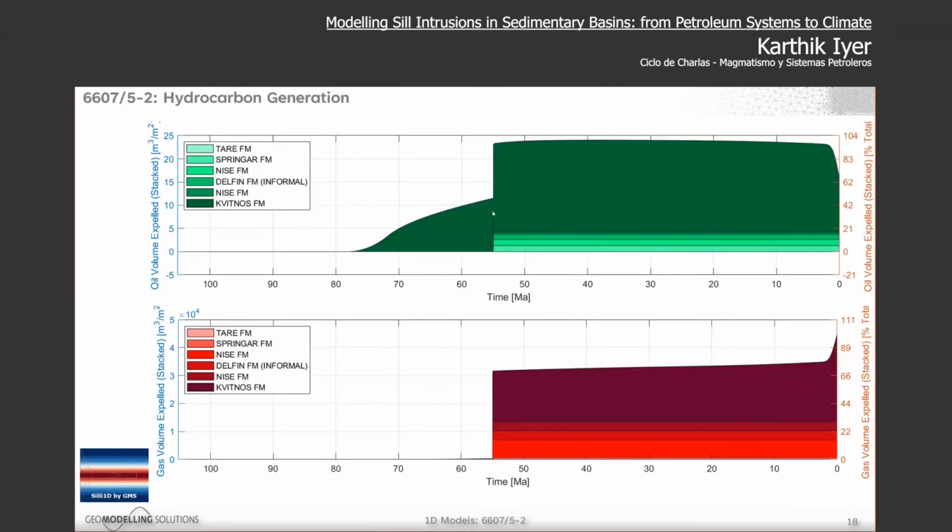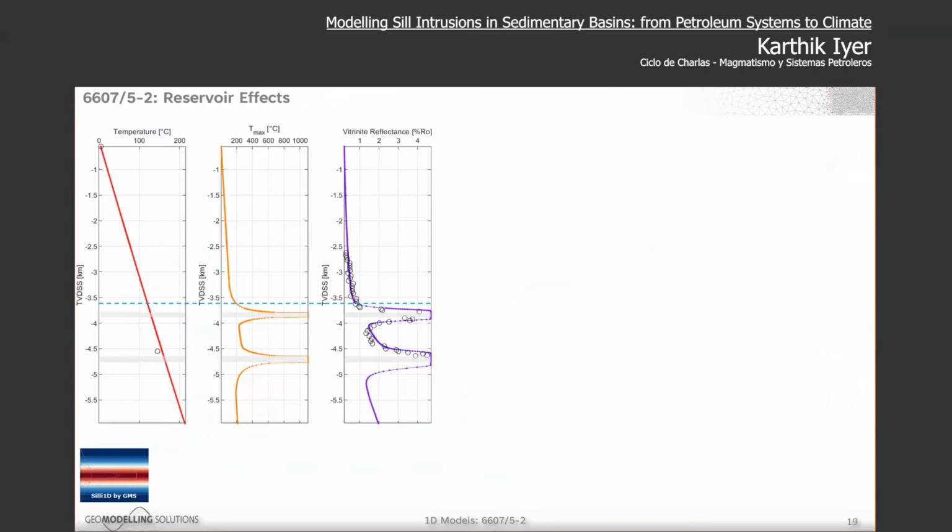And suddenly the sills come in at 55 million years at the PETM. And then this huge jump, it kickstarts hydrocarbon generation, both oil and gas here, and drives the entire system to completion. So a very important effect on hydrocarbon generation in the system.